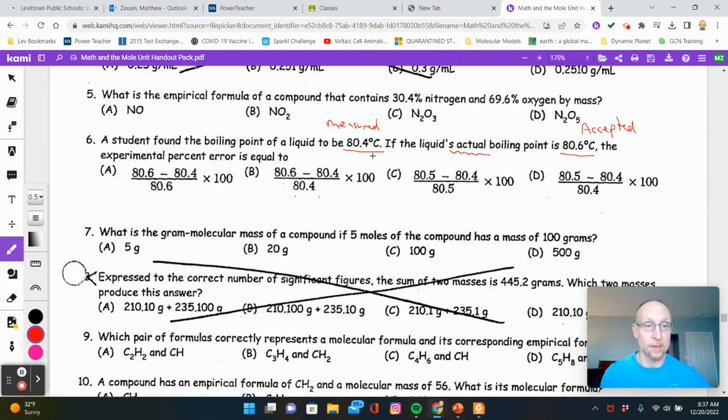The key part is the bottom has to be the accepted value. If you screw that up, automatically no good. So difference over accepted times 100. That's our appropriate setup, and if we did the math, we'll get the right percent error. All right.